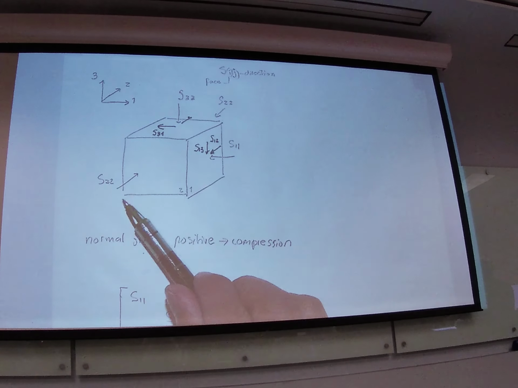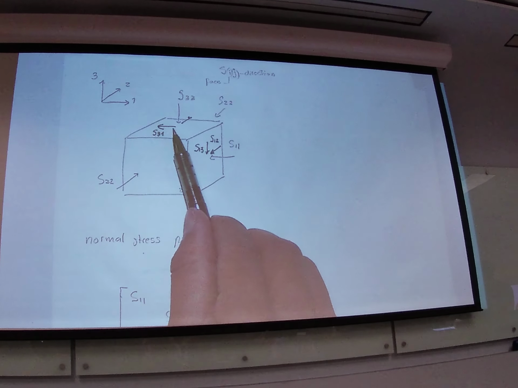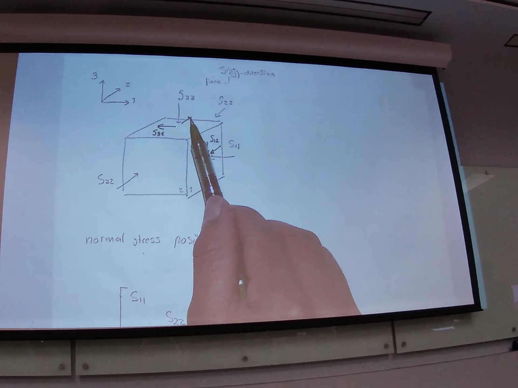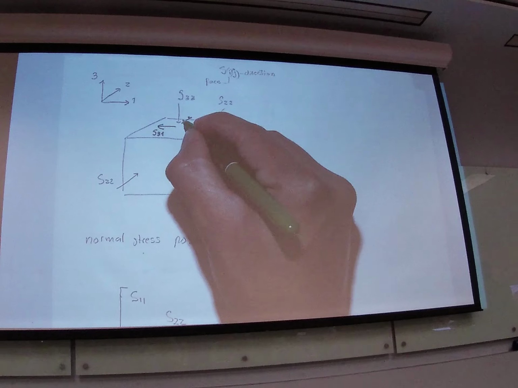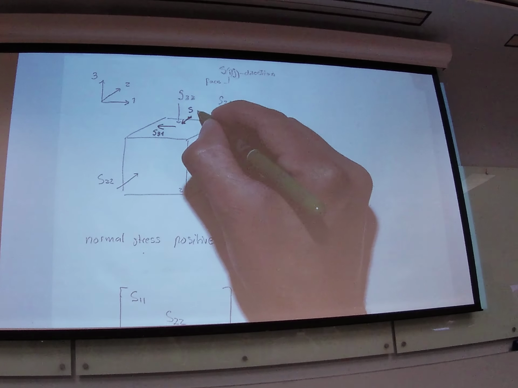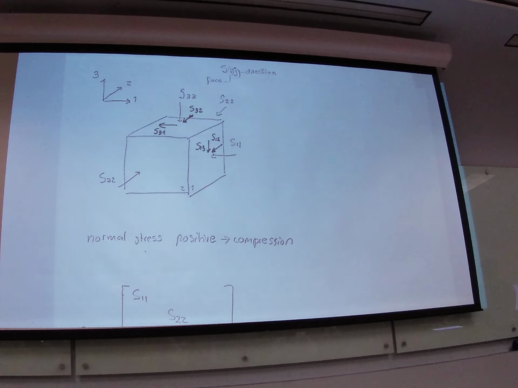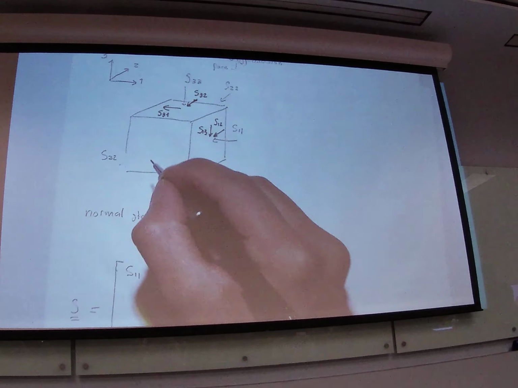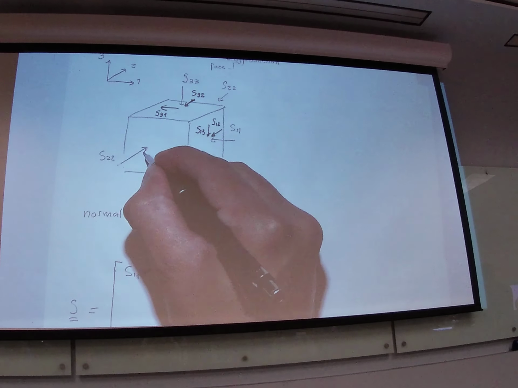I go in positive direction, it should be opposite to 1. I go in positive direction. This one should be in opposite to this one. And this is going to be S32. And let me extend this one a little bit more towards the center. This is going to be S22.